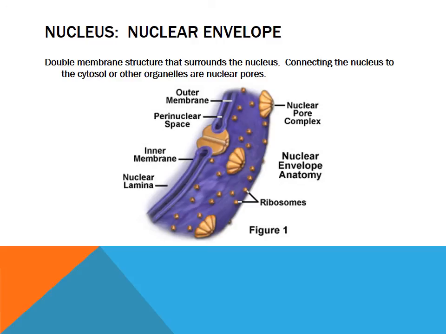In order to get through without a nuclear pore, you'd have to go from a hydrophilic region to a hydrophobic to a hydrophilic to a hydrophobic to a hydrophilic region. It's extremely difficult. So instead, there are protein complexes that go all through and make a tunnel. That tunnel is known as a nuclear pore. That's the way you get in and out of the nucleus. And it's highly regulated.